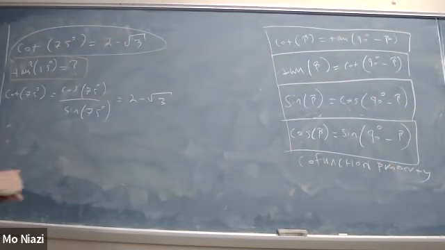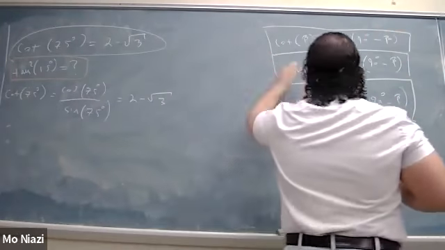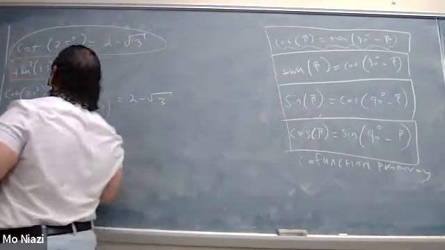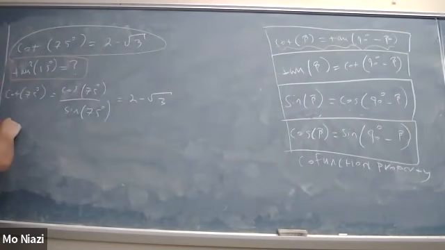That one makes this problem very obvious. Let's use that one. Cotangent of, let's set beta equal to 75. So 75 is playing the role of beta.